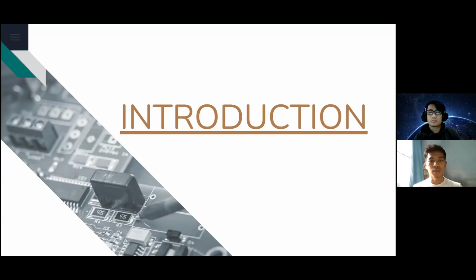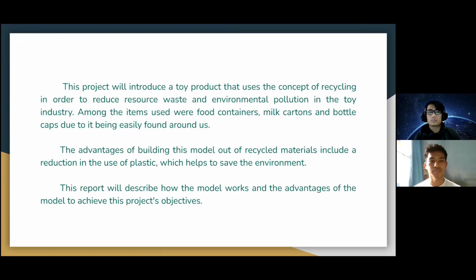Next we will go through the introduction for this mini project. This project will introduce a toy product that uses the concept of recycling in order to reduce resource waste and environmental pollution in the toy industry. Among the items we use are food containers, milk cartons, and bottle caps, which are easy for us to find.